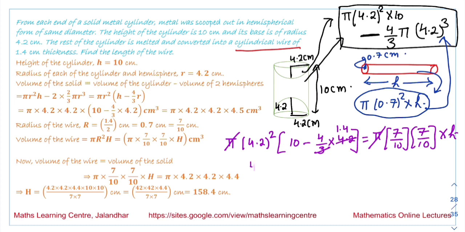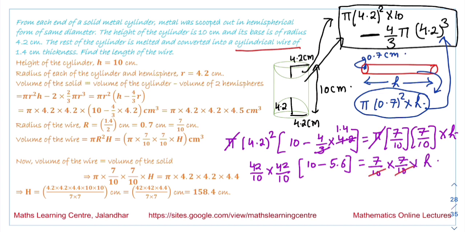Now we are writing it as 42 by 10 into 42 by 10 into 10 minus 5.6. This is equal to 7 by 10 into 7 by 10 into h. So this 10 and 10 get cancelled over here. This 7 and 7 get cancelled over here. And when we subtract these values, you will get the answer.